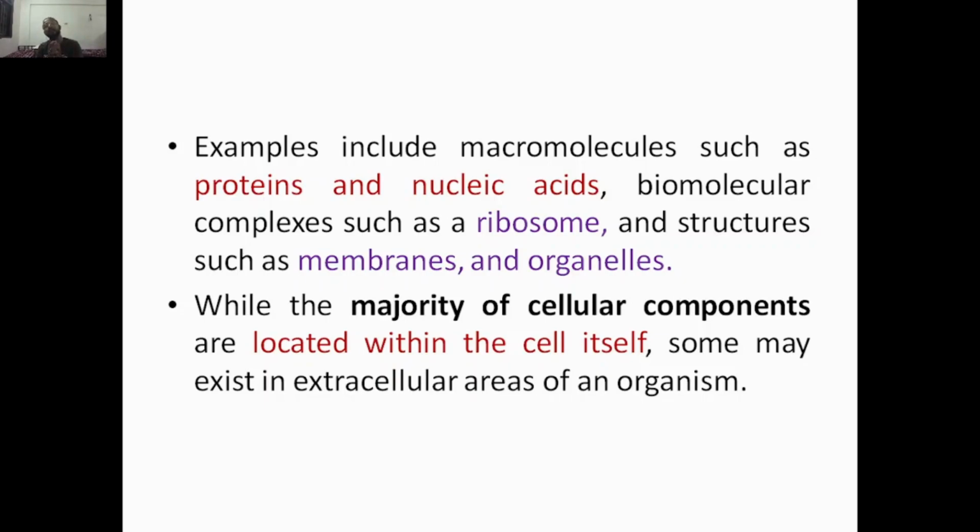There will be many components, like enzymes and macromolecules, responsible for a particular function. They are there because they have a job to do, but they still belong to the cells. That's why there are a few components in extracellular areas in particular organisms.